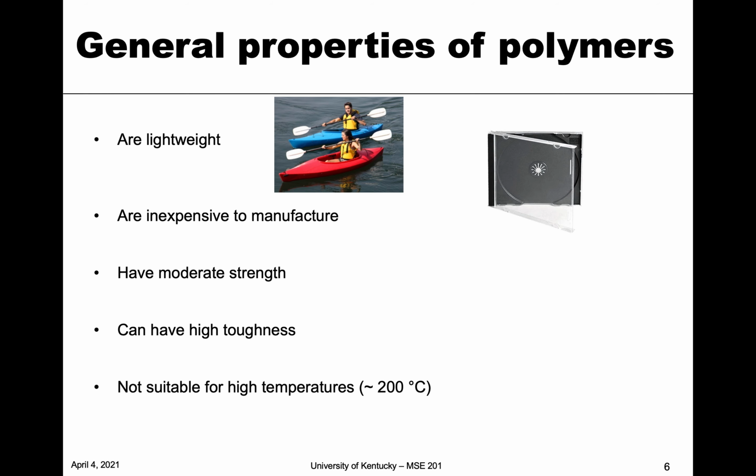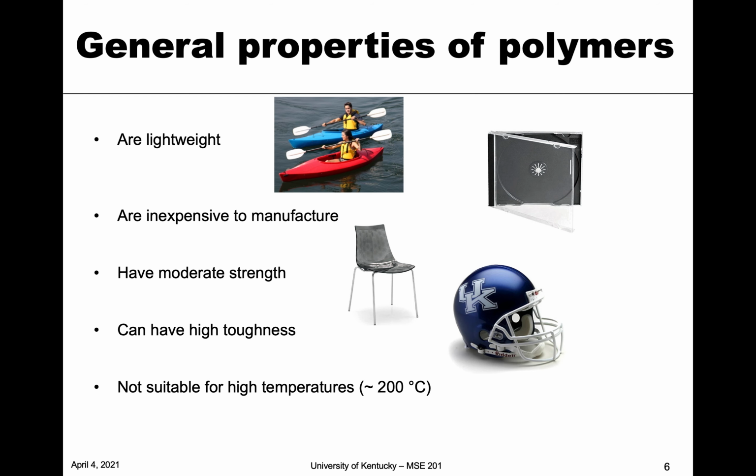Because of the weight, but also the way we can manufacture them with a lot of different techniques, they're very inexpensive to manufacture. They have moderate strength. Metals and ceramics tend to be much stronger, but polymers can have moderate strength, enough for quite a few applications.